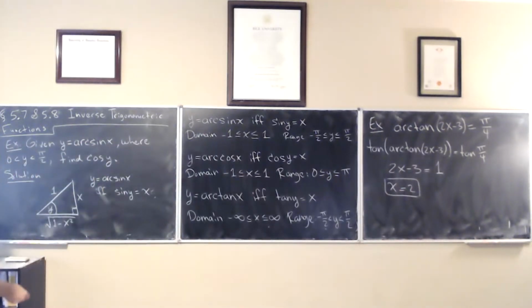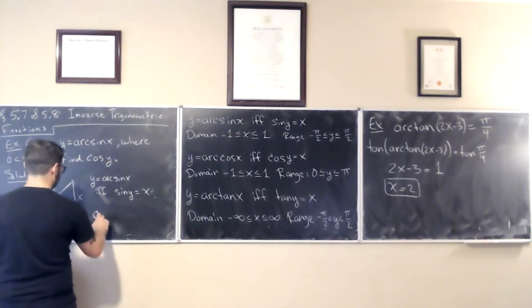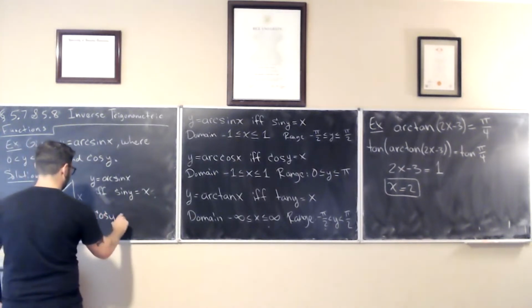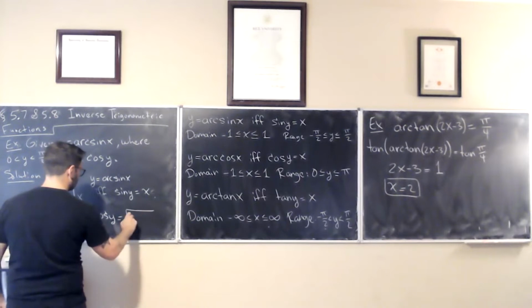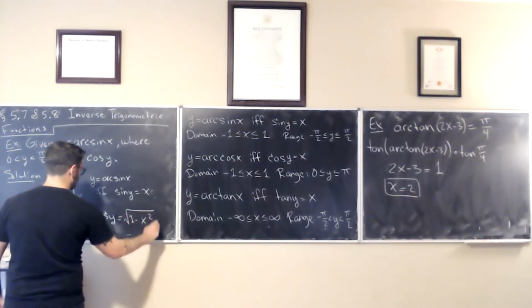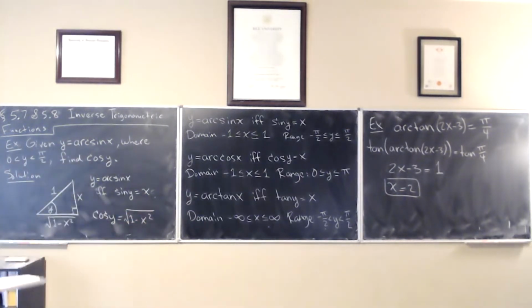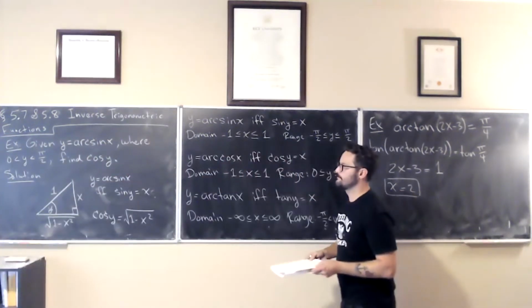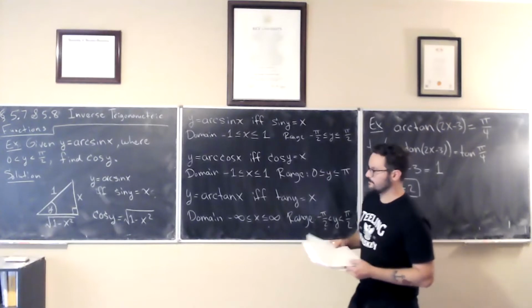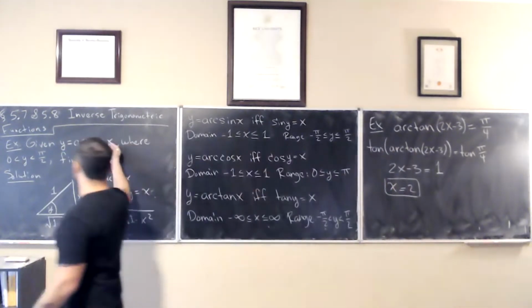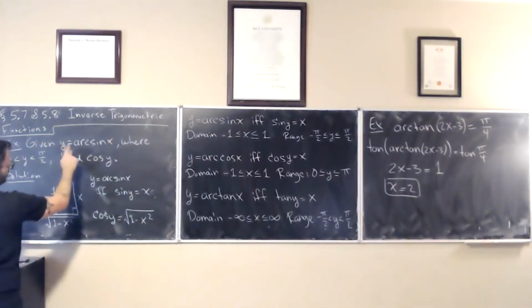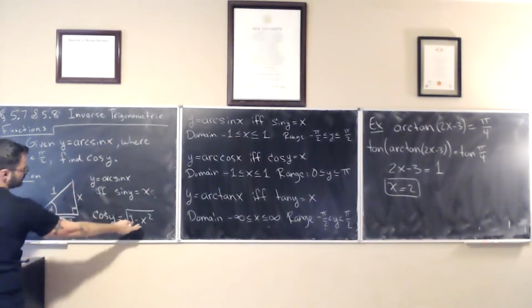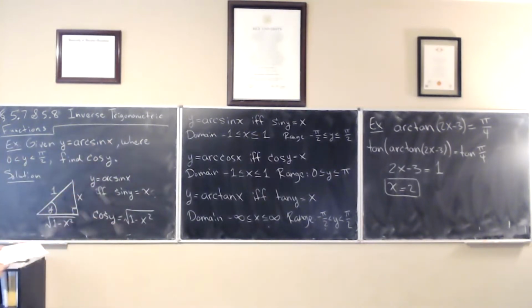Well, cosine is that over that, right? So cosine y is going to be equal to root 1 minus x squared. Okay. So you put in a given x, which gives you out a y, and then you can immediately determine what cosine will be.